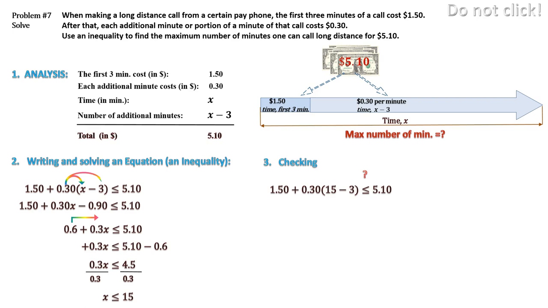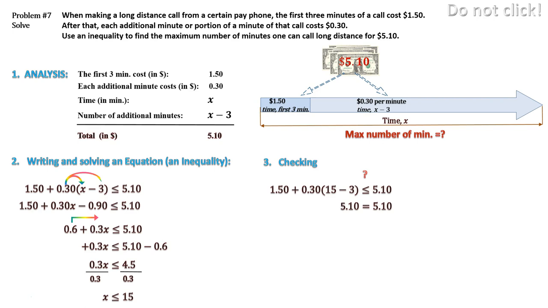Use your calculator and you will see 5.10 equals 5.10. And we can accept this answer because our inequality allows two answers. It's supposed to be less or equal. We check equal. Now write in the answer.